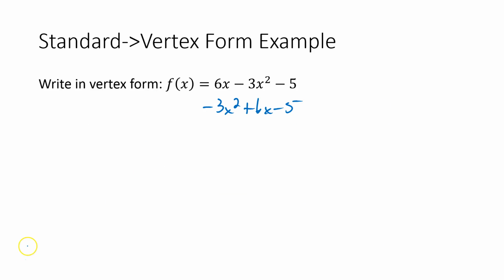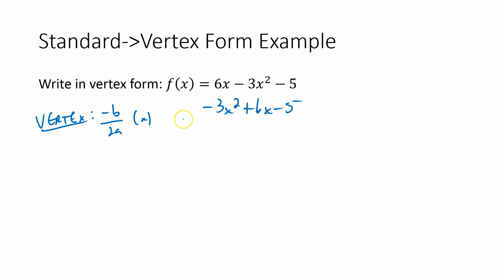So let's get back to here. Our vertex, remember again, is going to be negative b over 2a for the x-coordinate. Oh, sorry, I'm doing the wrong problem here. Must be getting late. So here's our a, b, and our c.